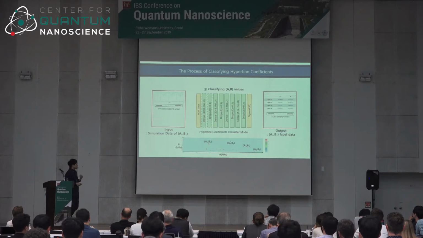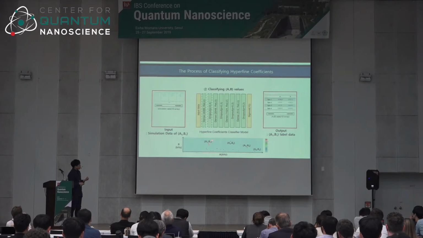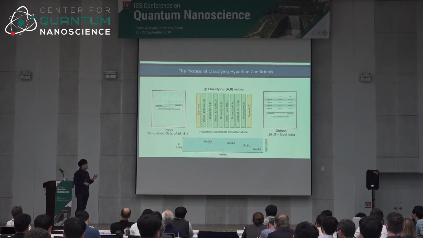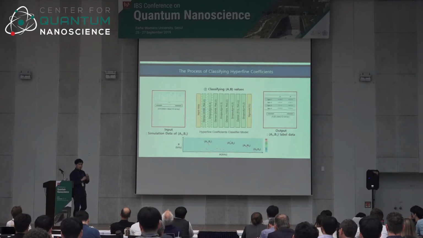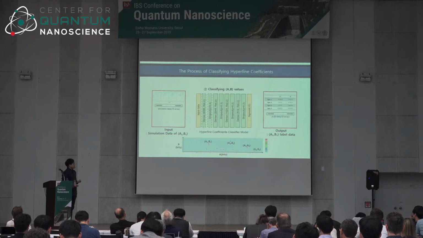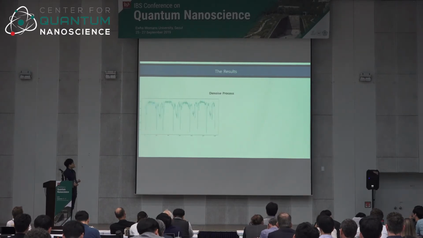This heat map gives us information about certain points. The red colored points are the points which have the highest probability of the existence of carbon-13s. So let me see some details of the results.